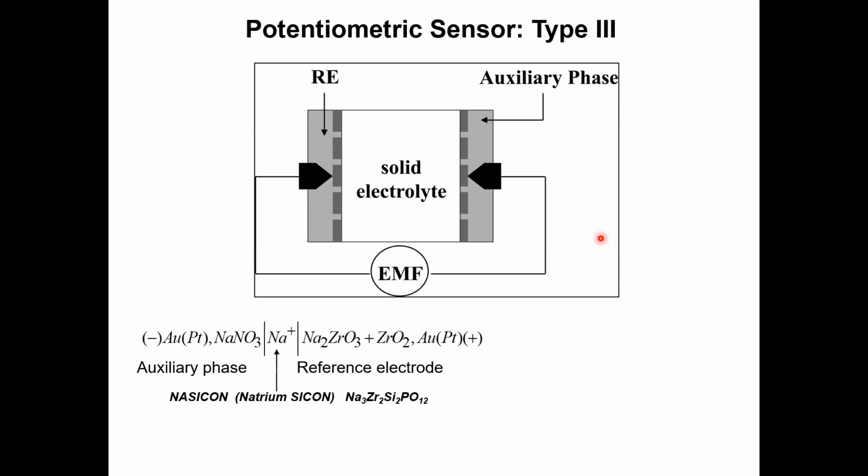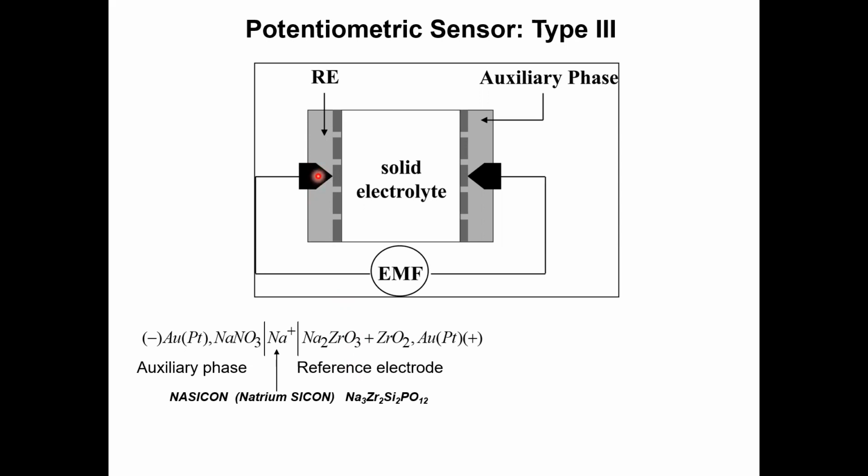Here's an example of type 3, where there's a reference electrode. You can see the galvanic cell structure, so you can use NASICON, which is the compound shown here, a sodium ion conductor. And you can use this mixture as the reference electrode, that sodium zirconate and zirconium oxide mixture that fixes the activity of sodium on this electrode.